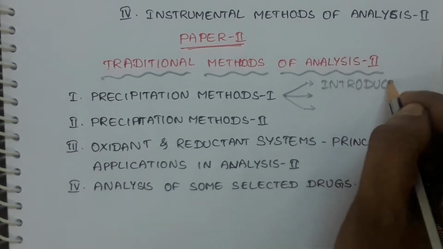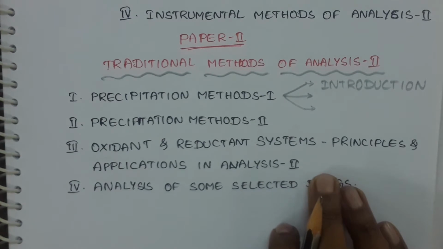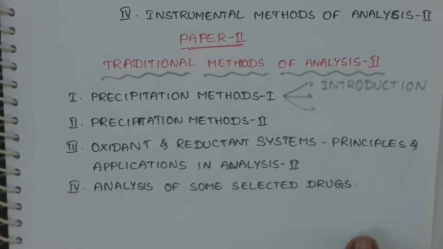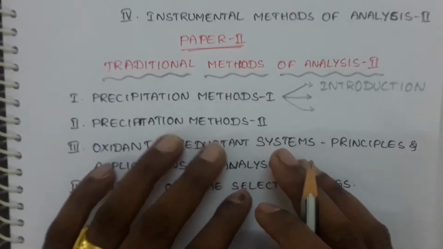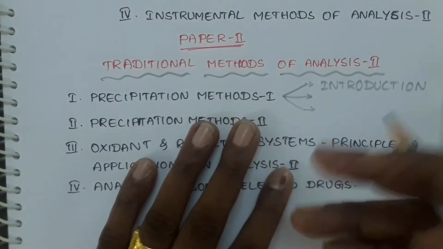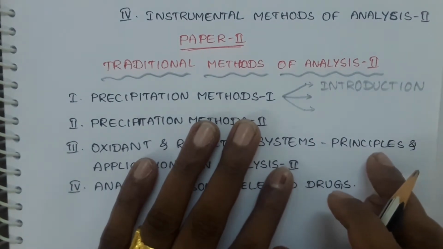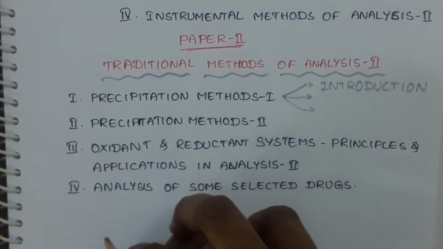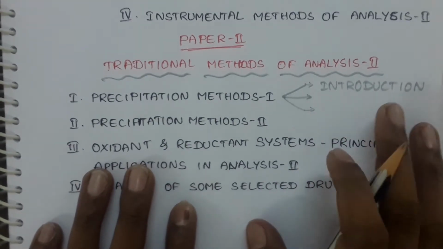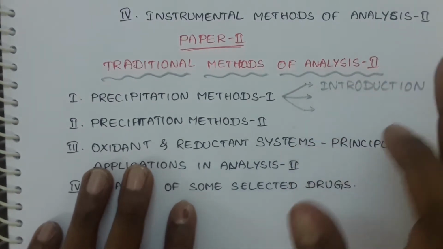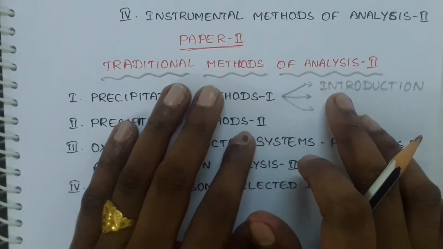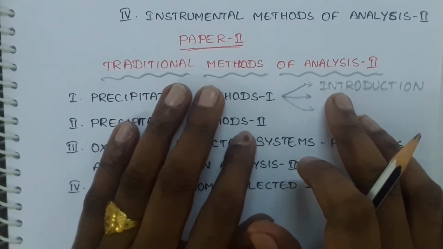In this introduction, we are going to learn about the terms involved in precipitation: crystal habit, supersaturation, nucleation, crystal growth, homogeneous and heterogeneous nucleation, solubility, particle size, colloids, and completeness of precipitation, that is the factors affecting precipitation like excess of precipitant, effect of pH, effect of complex formation, effect of temperature, effect of purity, and aging.